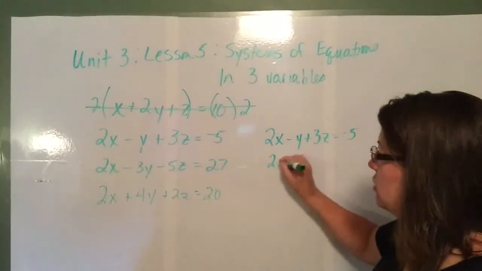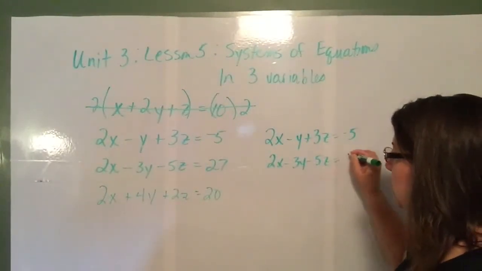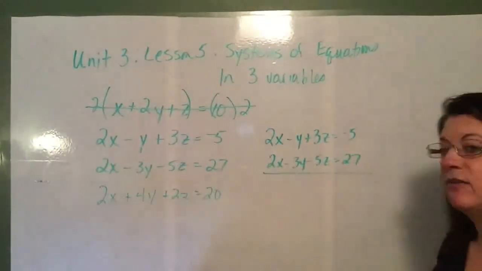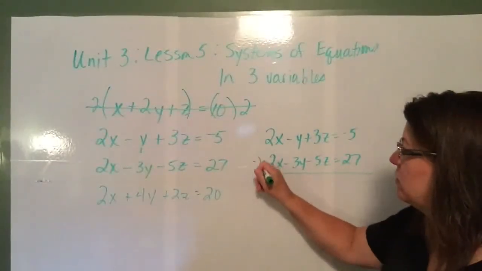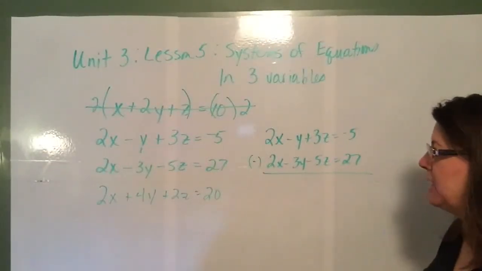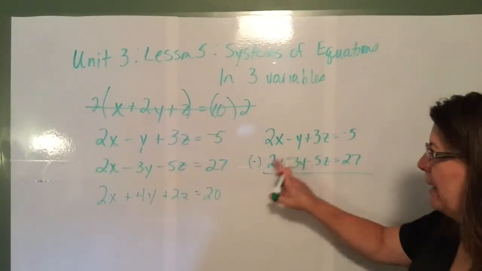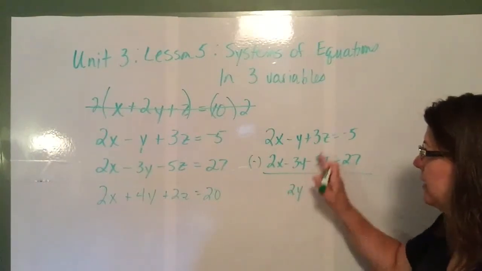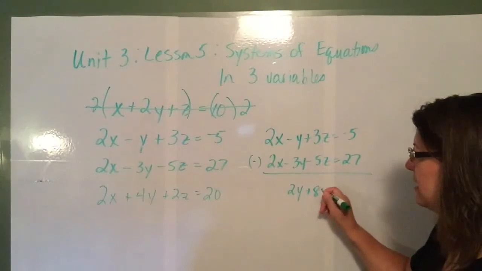And then the middle equation, 2x minus 3y minus 5z equals 27. And I'm going to eliminate the x from those top 2 equations. So if I eliminate the x, I'm going to subtract everything on the bottom from the top. So 2x minus 2x is 0. -y minus -3y is 2y. 3z minus -5z is 8z.